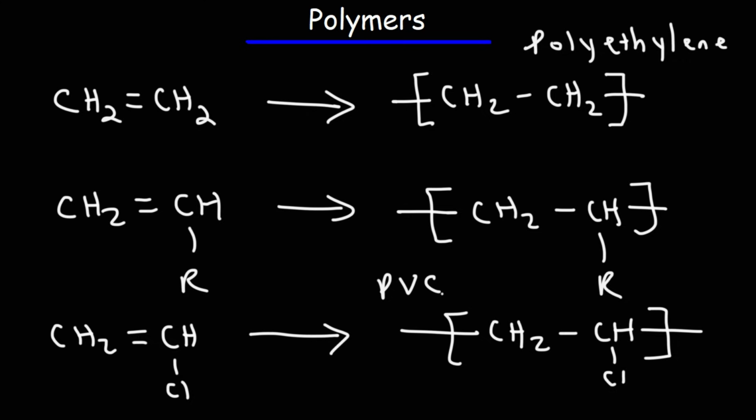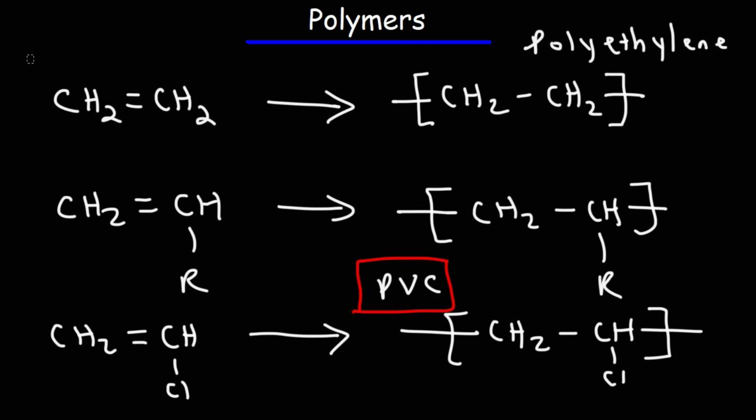PVC stands for polyvinyl chloride. It all comes from the polymerization of vinyl chloride. PVC is found in piping. You've probably seen it used in plastic bottles. So polymers have a lot of practical applications in real life.